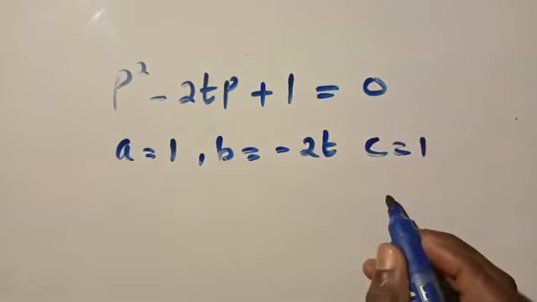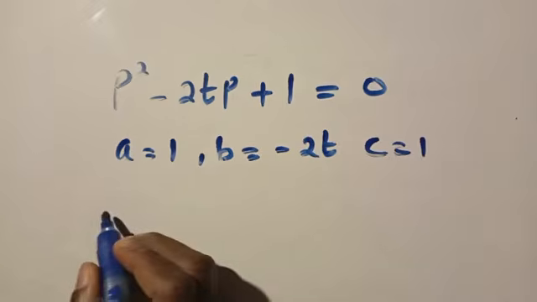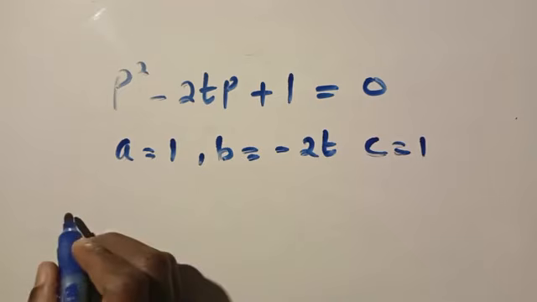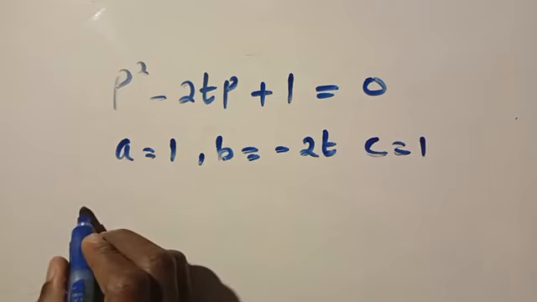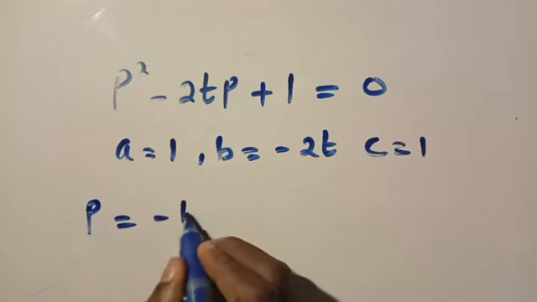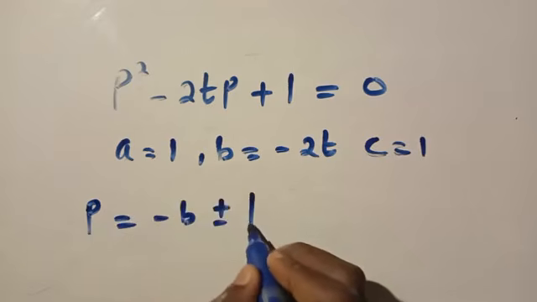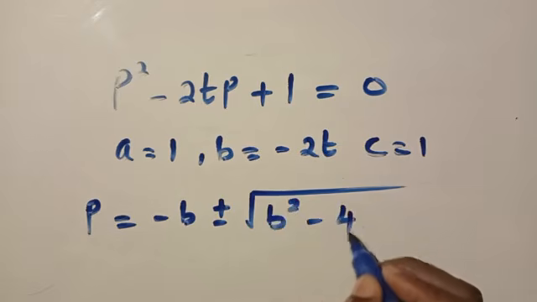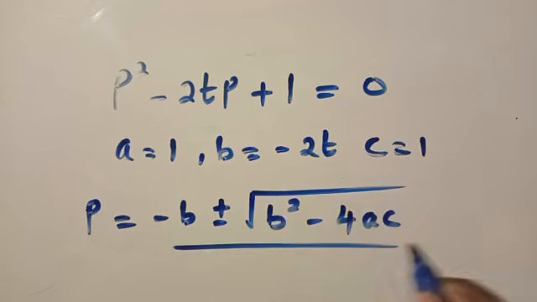It is enough for us to apply the quadratic formula: p equals minus b plus or minus the square root of b squared minus 4ac, divided by 2a.